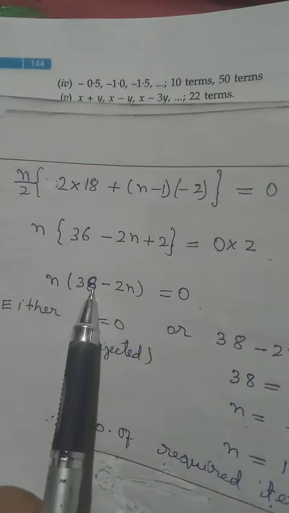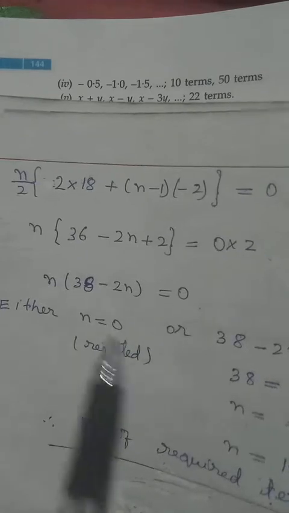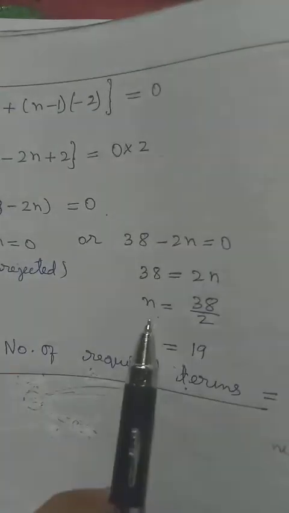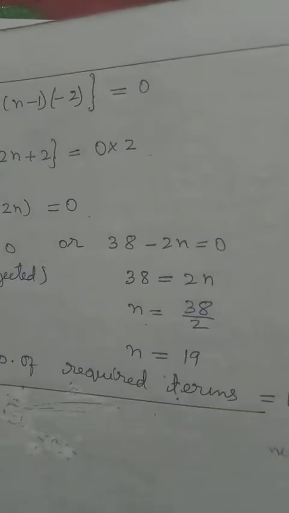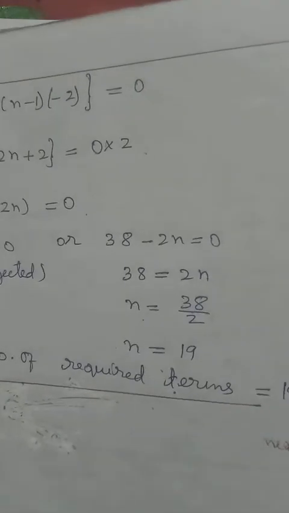N into this can be either n equal 0 or this one. But if n is 0, then everything is 0, so we reject it. Then this one, minus taking to this side, n will be 38 by 2 equal to 19. So the number of terms needed to give sum 0 will be 19.